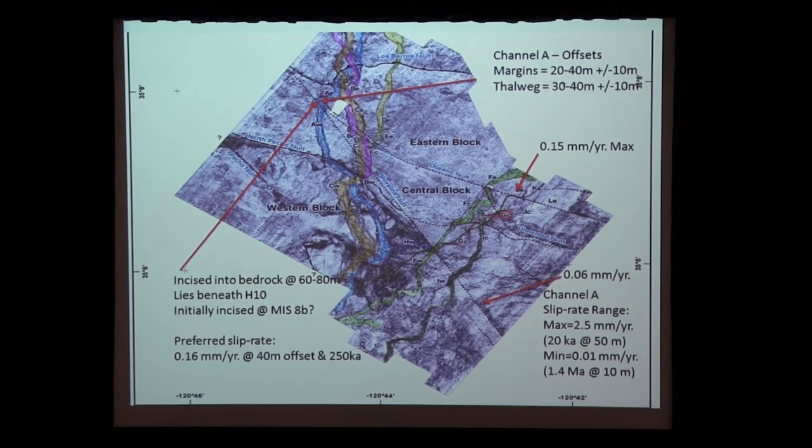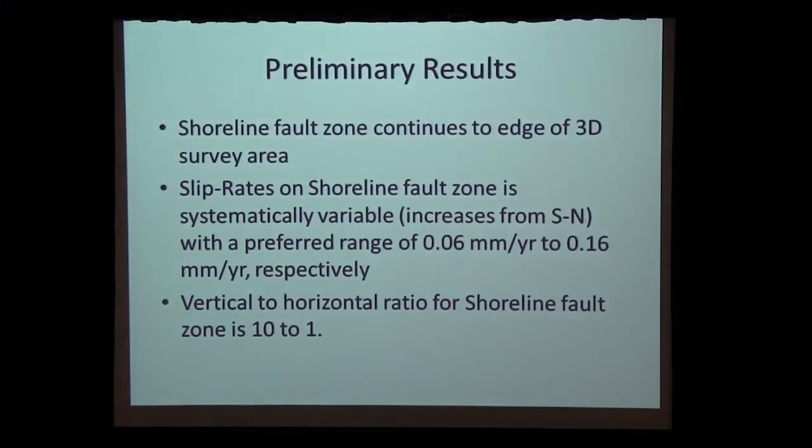If you had offset on here, it's then being partitioned to represent this part. So we're jumping up from 0.06 millimeters per year, which I think is really a good number, to 0.16. All right?